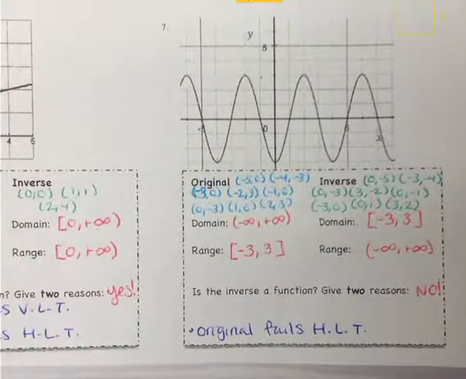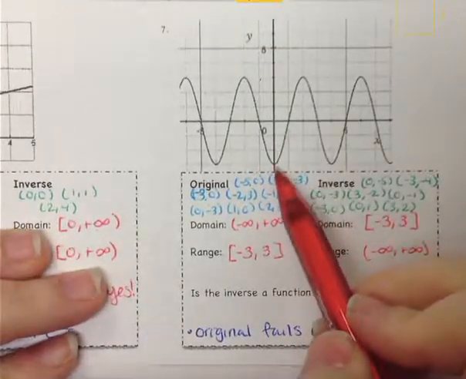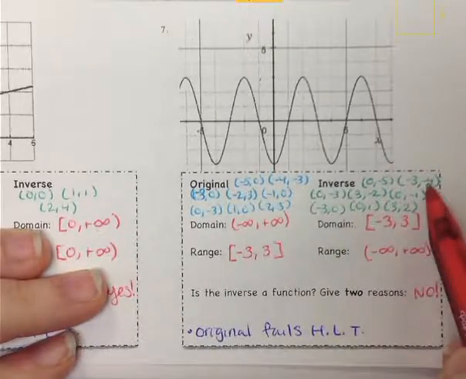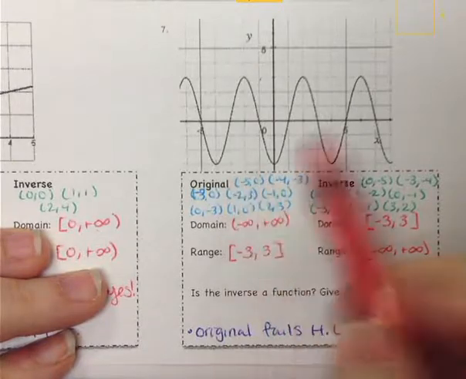Let's graph the ones we can. 0, -5, so it doesn't go down far enough, so I can't graph that one. -3, -4. That one's still a little far down.